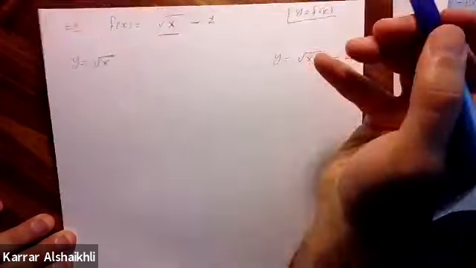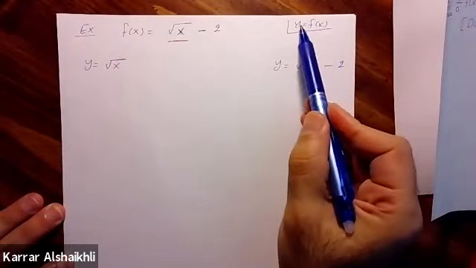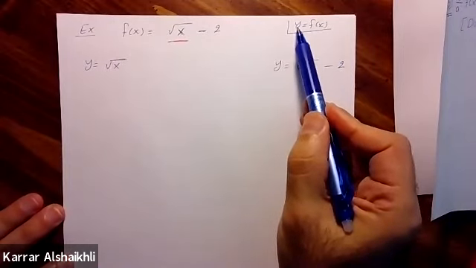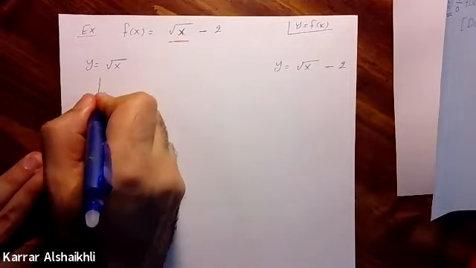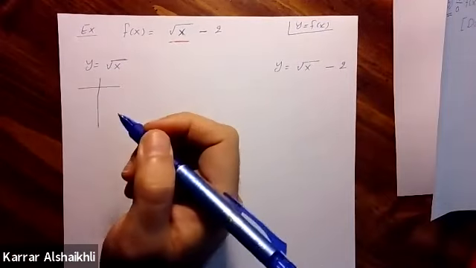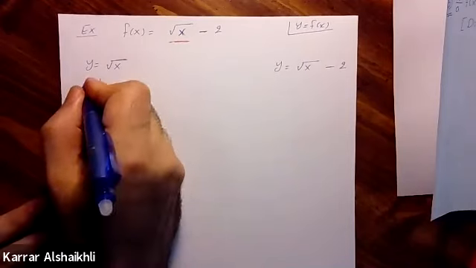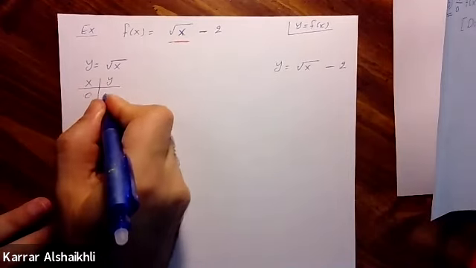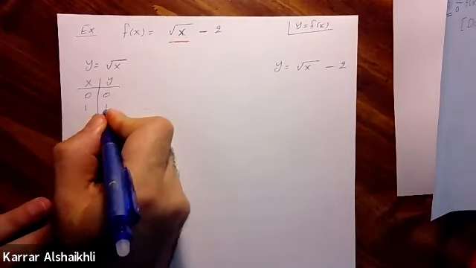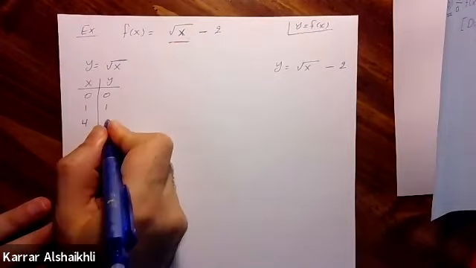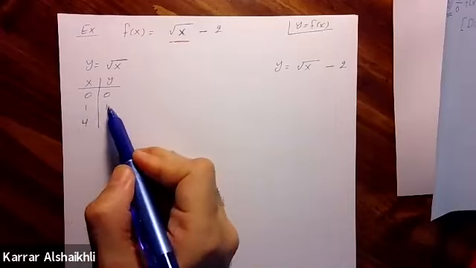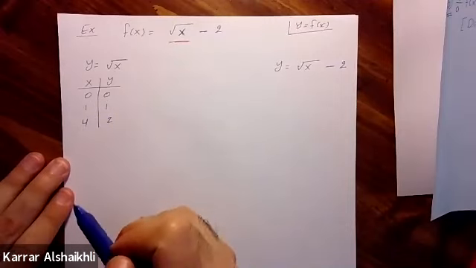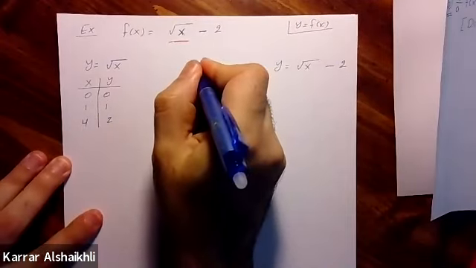So every time when you see f of x, that means it's the same thing y. So here we have the graph for this one. If you need to graph it, you can use exactly the same points. X, Y: 0, 0, 1, 1, 4, 2. So now let's graph this one here.